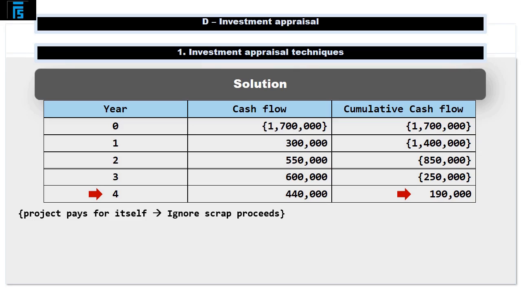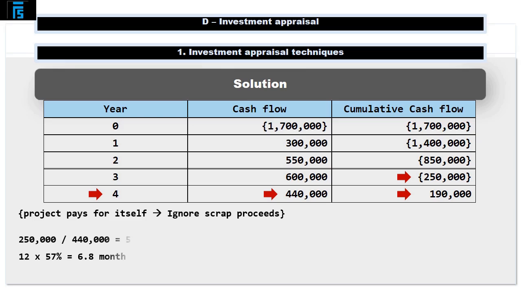At the start of that final year, the project still owes us $250,000. During that final year, $440,000 flows in over the year. Assuming that money flows in evenly, we could work out how far into that year we have to go in order to reach payback.